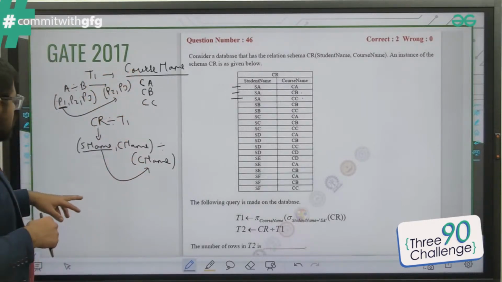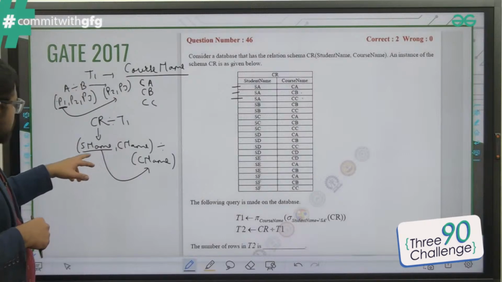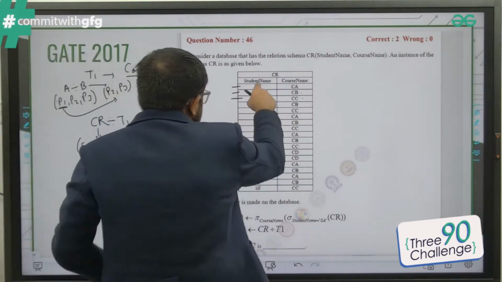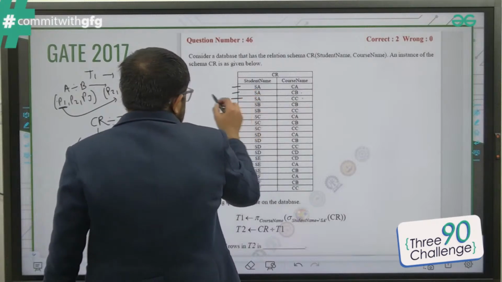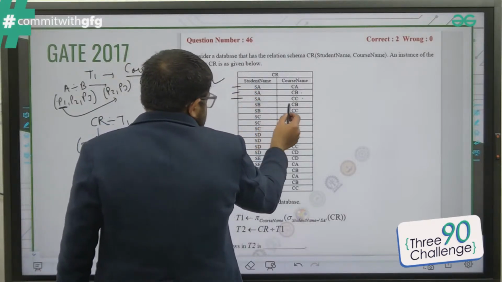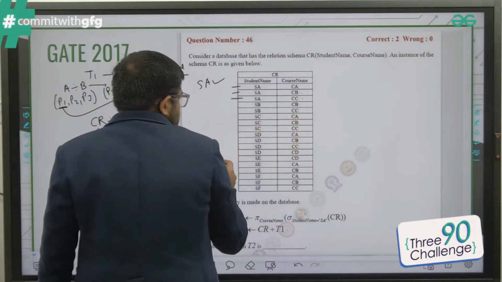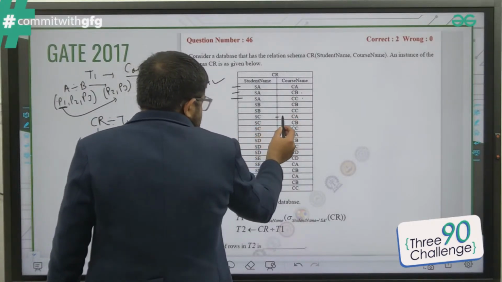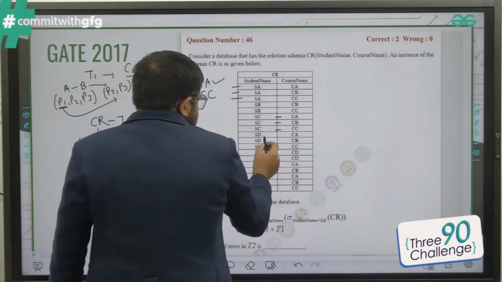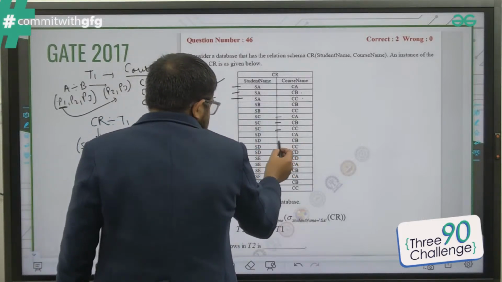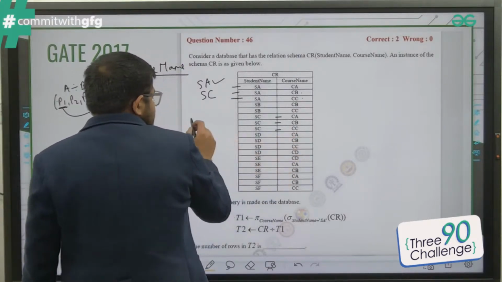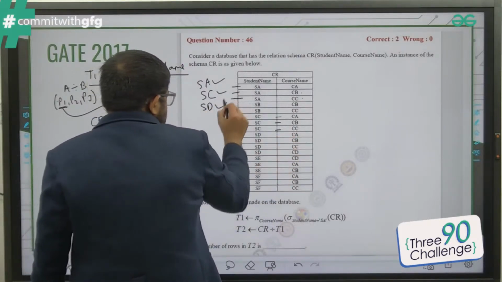Okay. So what will be the values here? You see, student A is associated with all these three courses. So student A will be taken. Now student B is associated with CB and CC, but not all three. Then student C is associated with CA, CB and CC, so student C will also be there. Then student D is associated with CA, CB, CC and CD, but he is associated with at least CA, CB, CC, so student D will also be there.